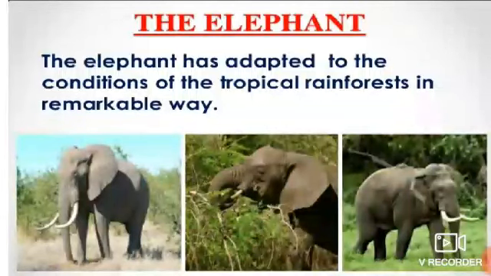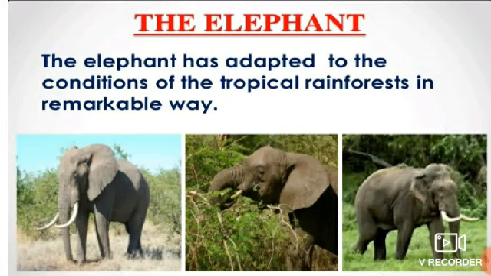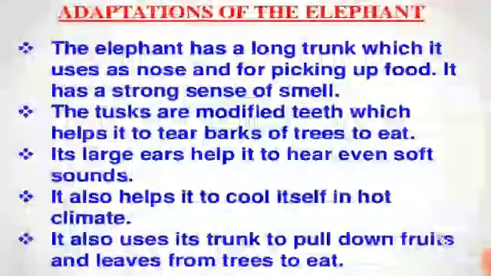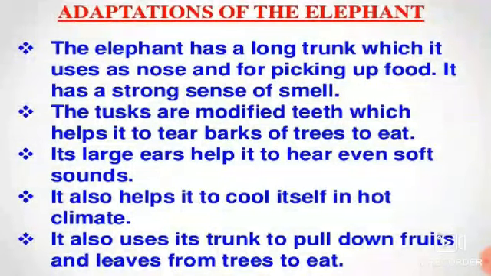The elephant. The elephant has adapted to the conditions of the tropical rainforest in a remarkable way. The elephant has a long trunk which it uses as a nose and for picking up food. It has a strong sense of smell.